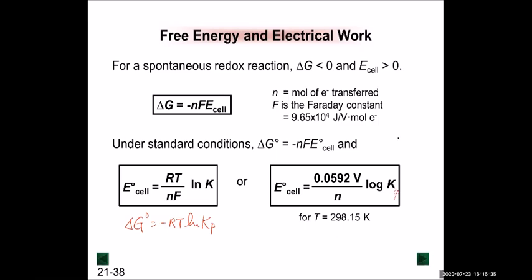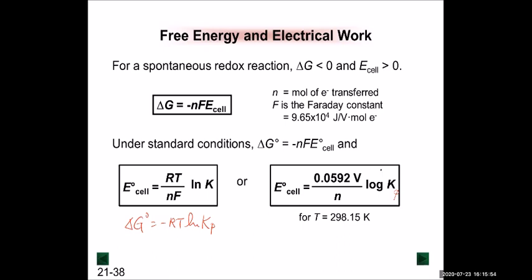This is amazing, because in the last chapter when we discussed free energy, we found there's a connection between the equilibrium constant and the free energy change. Now, because free energy change relates to the cell potential, we can see the cell potential relates to the equilibrium constant.